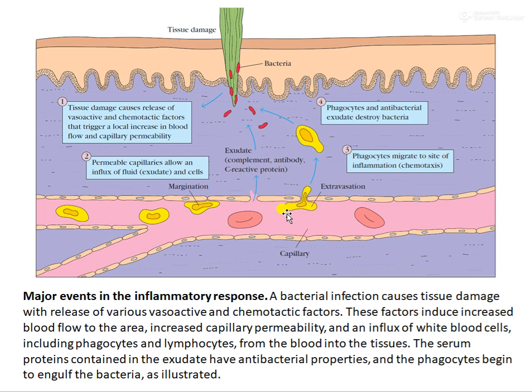By the process of extravasation, the phagocytic cells will come outside through these holes, migrate to the site of inflammation, and carry out phagocytosis. So while normal phagocytosis happens within the blood, inflammation is carried out within the tissues, and the phagocytic cells play an important role in it.